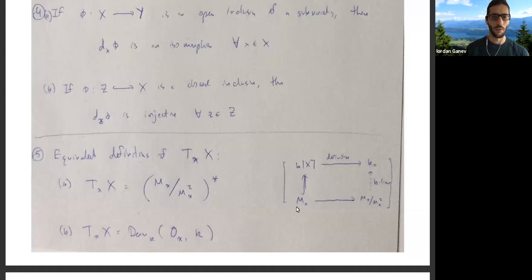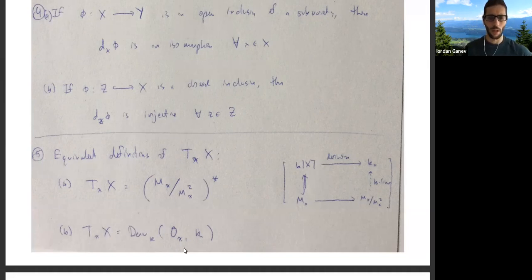And if we take those up to first order, so if we mod out by mx squared, then we get this quotient. So that's actually the one forms at little x, and the dual space is the tangent space at little x. And we can also think about it as the following. We have this local ring at every point little x.